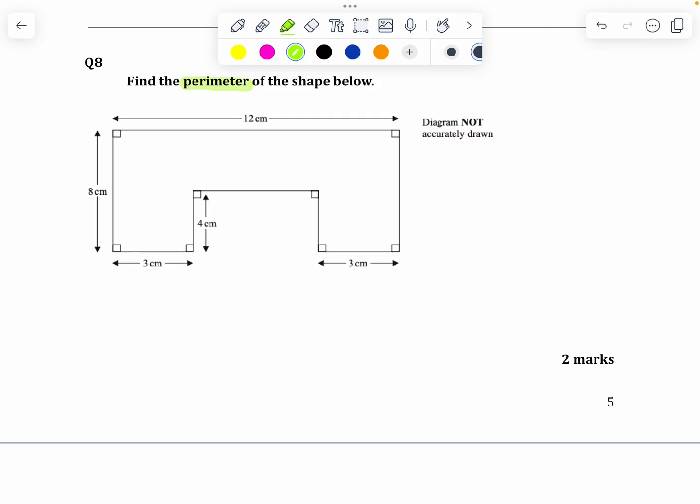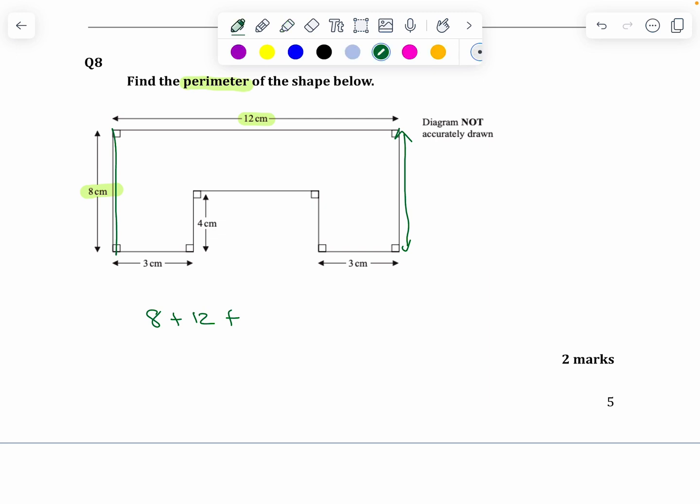So we'll start with this one, 8. So I'm going to do 8 plus the 12 plus, now we need this side here. It must be the same as this one, so it is also 8.